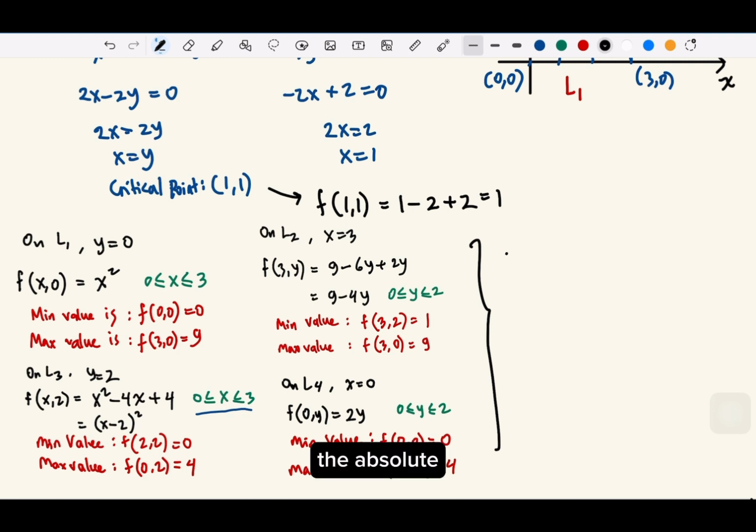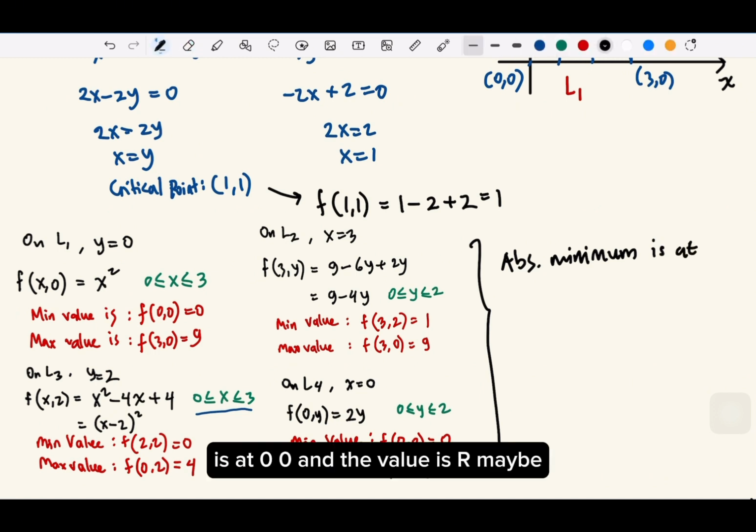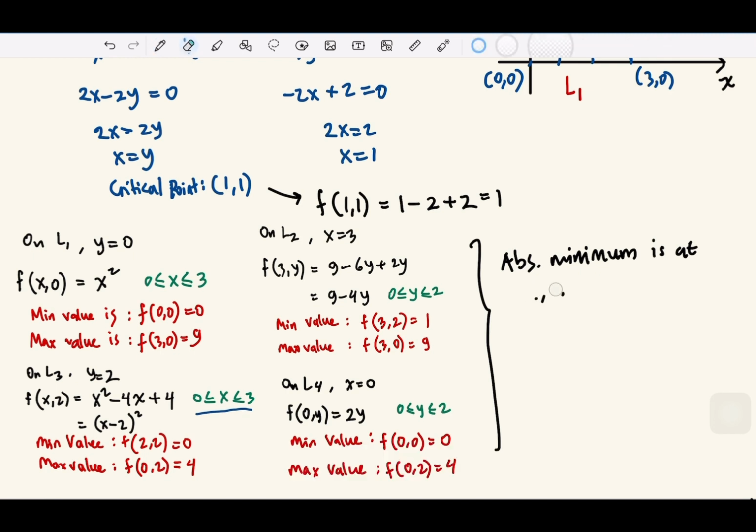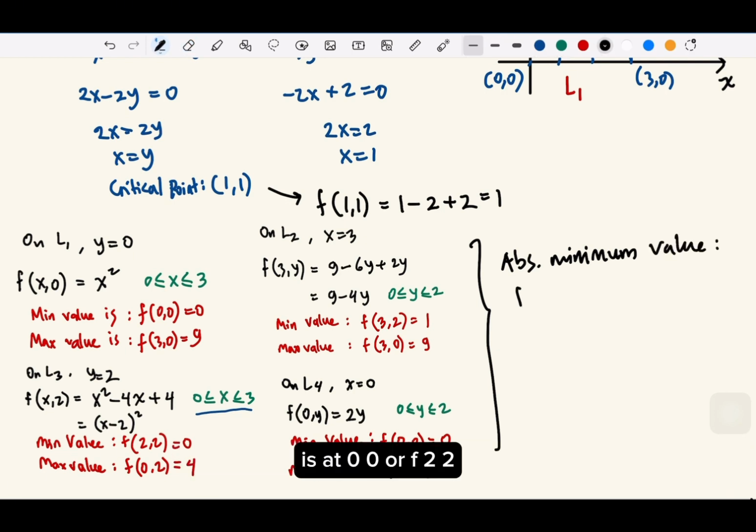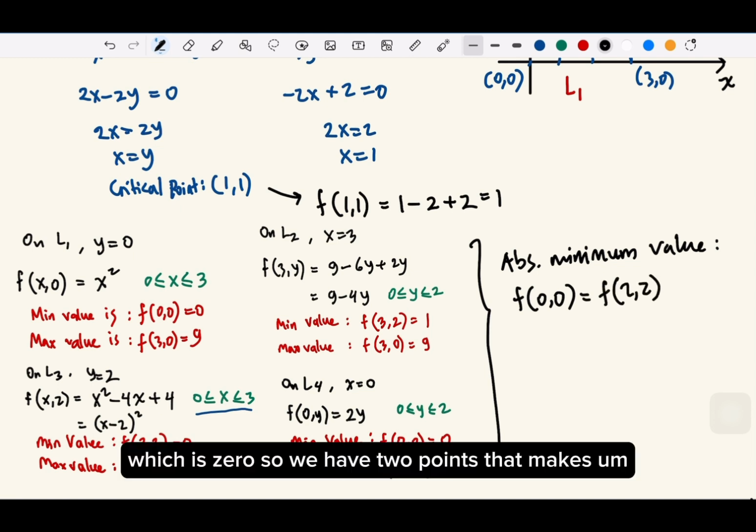The absolute minimum is at (0, 0), and the value is, or maybe we'll write, the absolute minimum value is f(0, 0) or f(2, 2), which is 0.